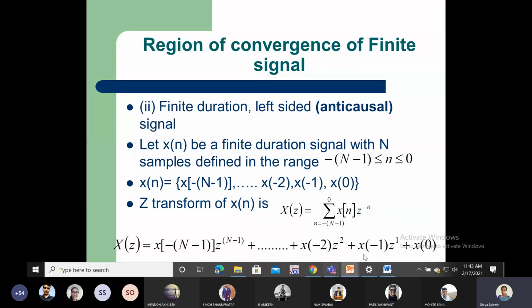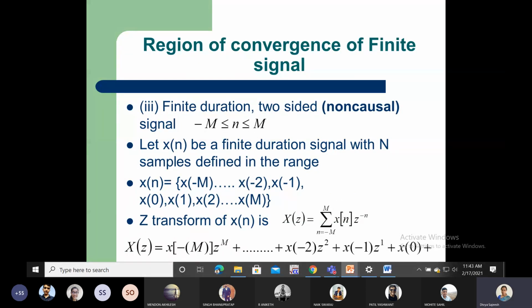That means your x of Z will become infinite. So for the rest of the values, if I take Z equal to 0, x of Z will become x of 0 only, the rest all will be 0. So only for Z equal to infinity we will get x of Z as infinite. There is no finite value obtained.